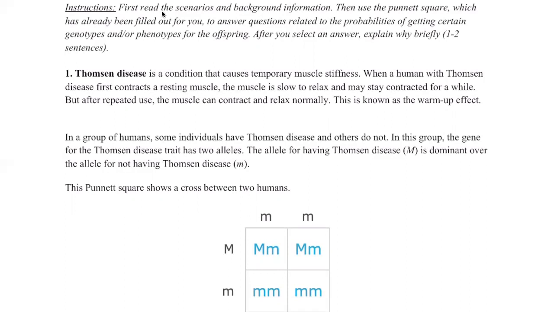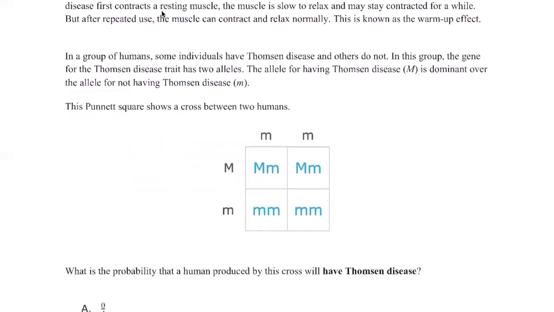In this group, the gene for Thompson disease has 2 alleles. The allele for having the disease, capital M, is dominant, while the allele for not having it, lowercase m, is recessive. And so this shows the cross between 2 humans. So as you can see here, this parent has Thompson's.